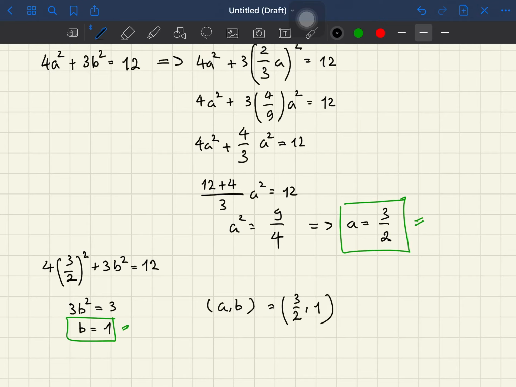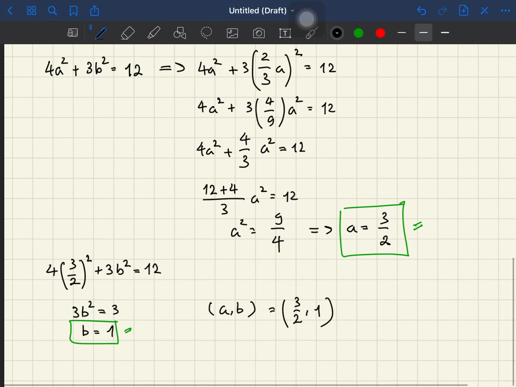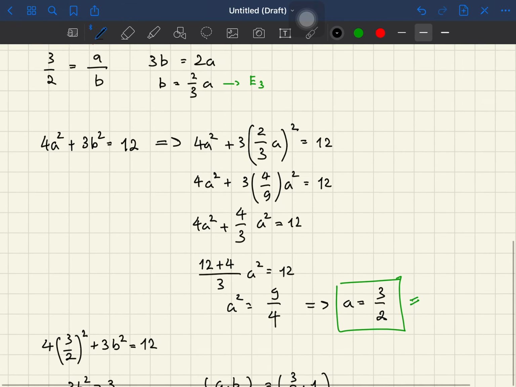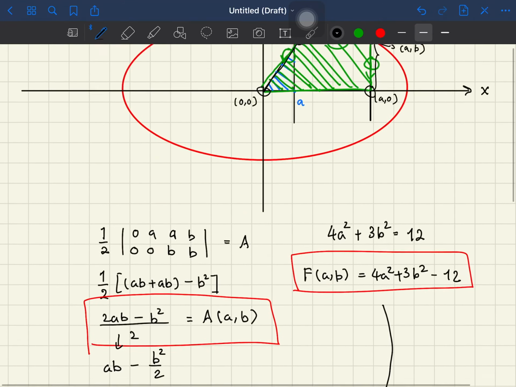(A, B) is also the point which lies on the ellipse, which gives the maximum area with the boundaries, the line y equals b, x equals a, and also the line y equals x. So I will recap what we have done.